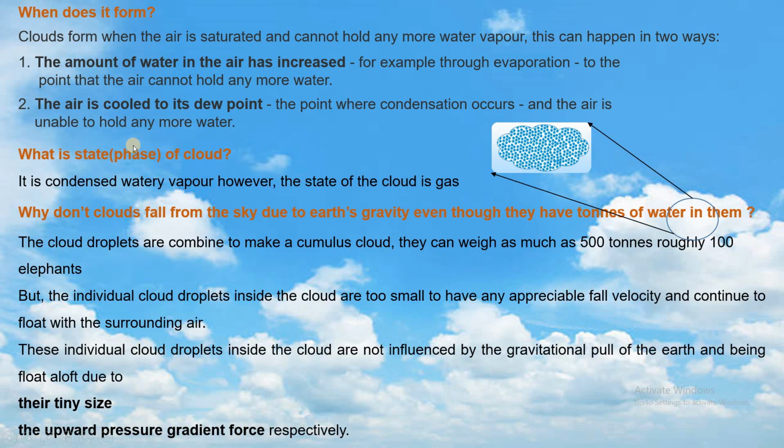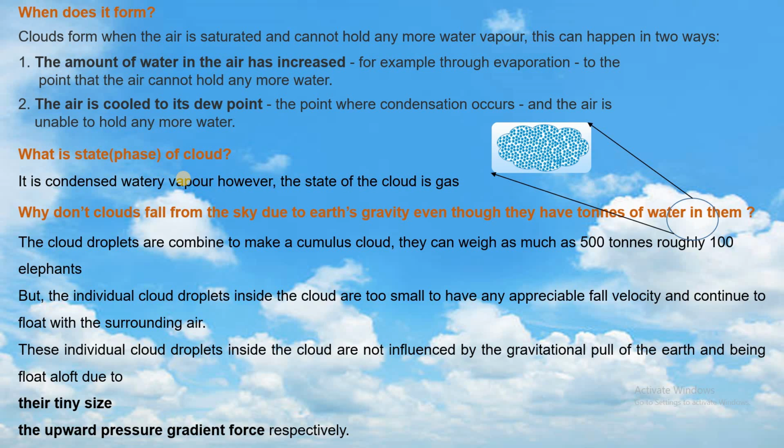And what is the state of the cloud? Most people might get a doubt in their minds while studying about the cloud in detail: why do we call the state of the cloud simply a gas? How does a cloud form generally?